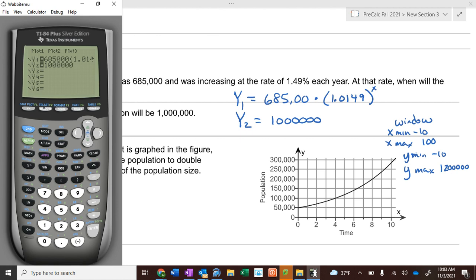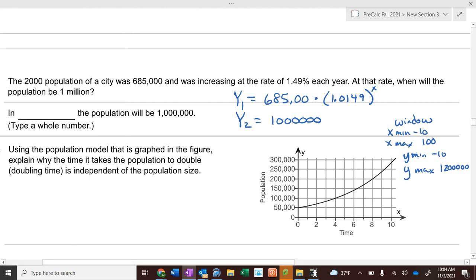Yep. And then my window, I'd go up to 100 here and 1.2 million here. And I graph it. Zoom. And then you go second, trace, find out where they intersect. And their intersection is at 25.58 years.